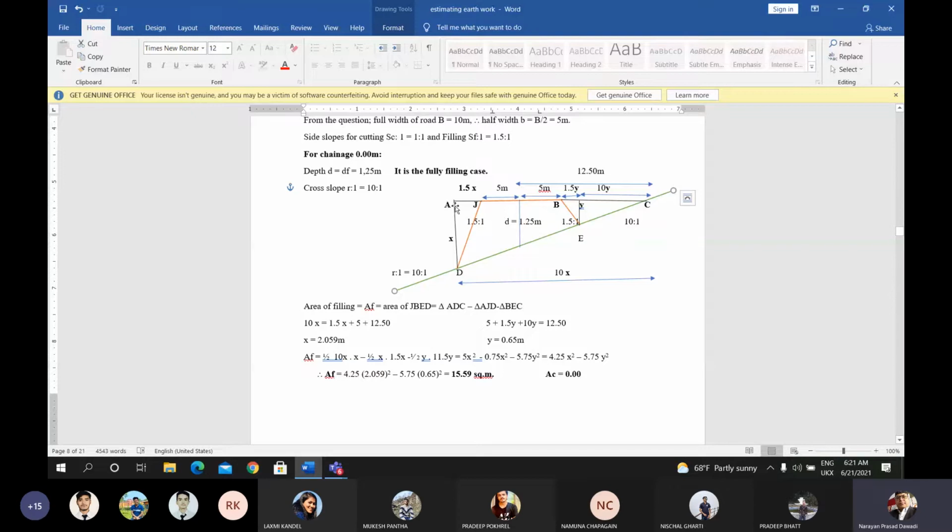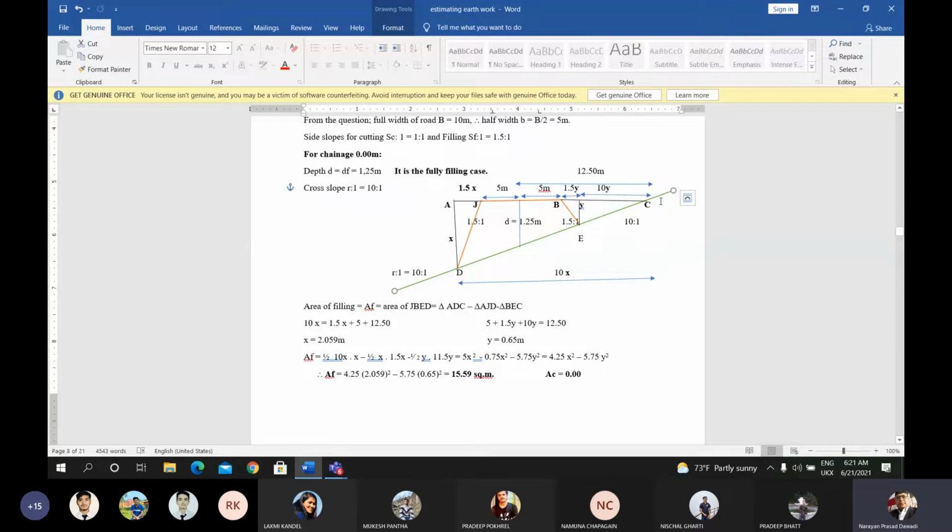Now let the perpendicular from A to D be x, and similarly from point E on the line BC draw the perpendicular, and let this vertical distance be y.